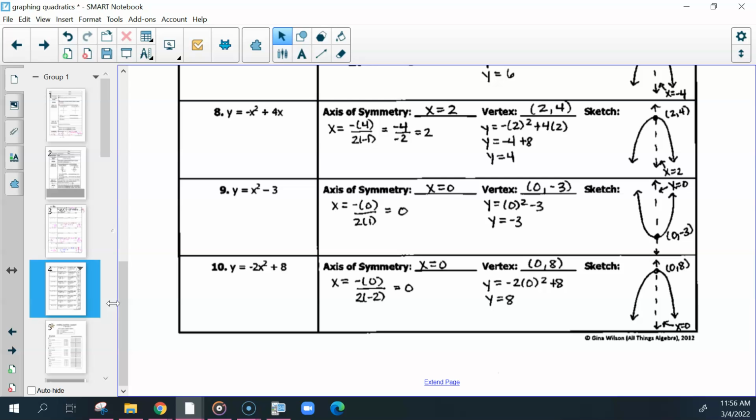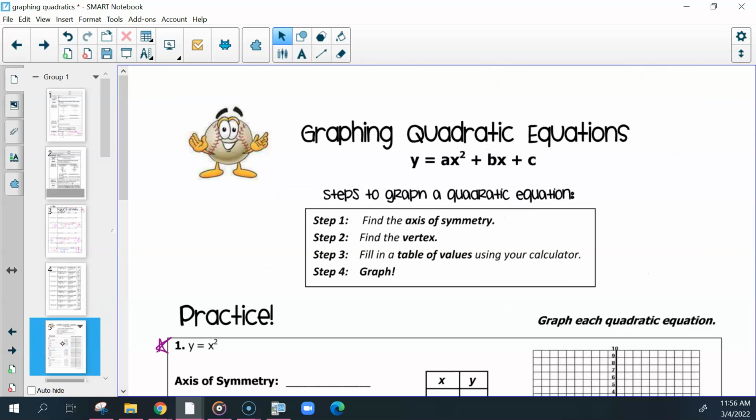Questions on that one? So this was a good practice for us actually graphing the quadratics, because we're still going to be using the axis of symmetry and the vertex. Flip over to the next page.